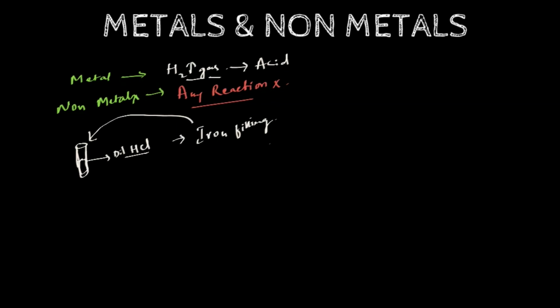Now light a matchstick and bring it near the mouth of the test tube, you will hear a popping sound. That popping sound is coming due to the release of hydrogen gas when iron reacts with dilute HCl.